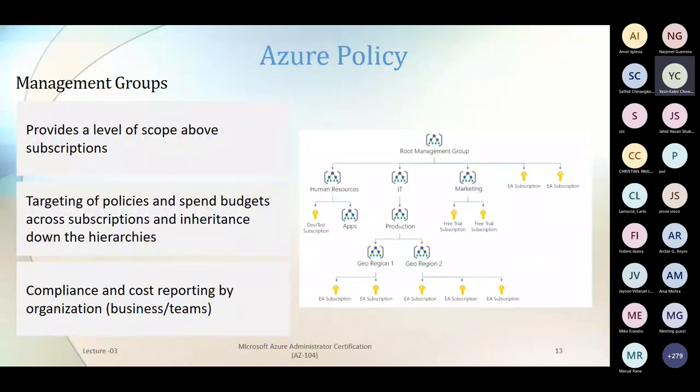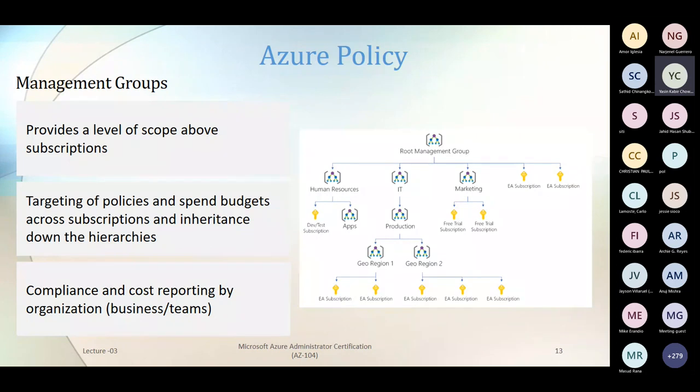We can make a management group, and under that group we can have a subscription. We can have another group, and if you make a policy on that group, it will go down hierarchically to the other groups. Suppose here is human resources.